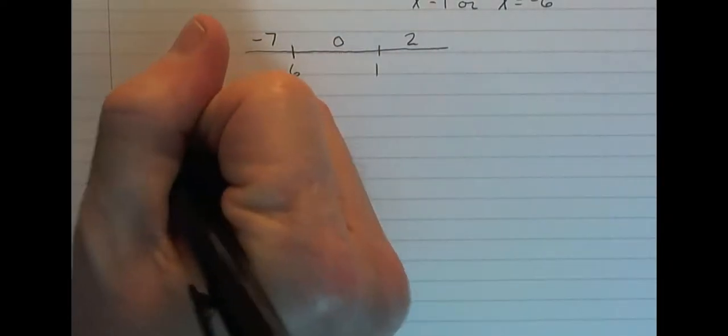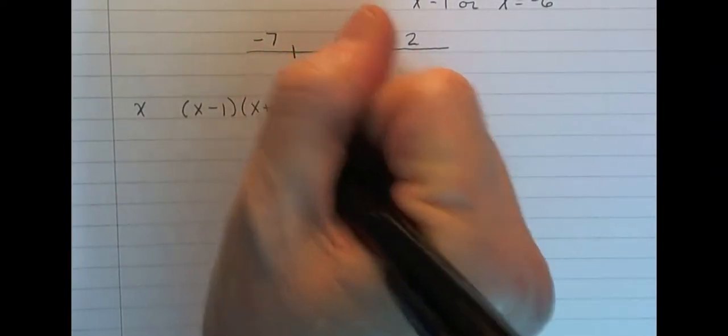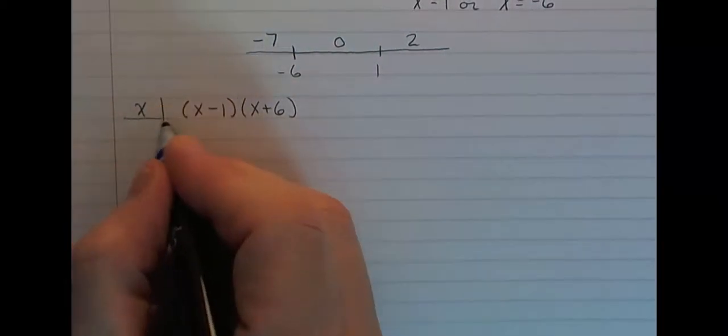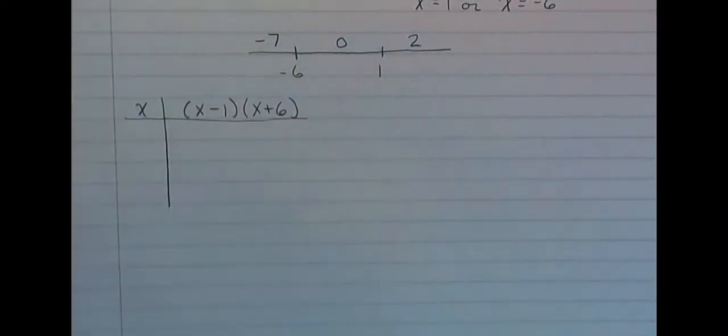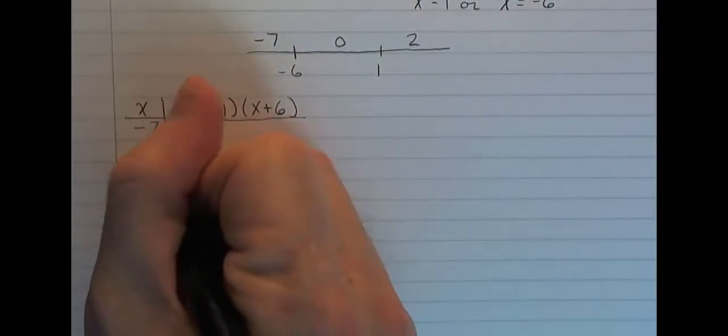So here I go. I've got x, and then I've got x minus 1, x plus 6, and let's see here. I've got negative 7, 0, and 2.